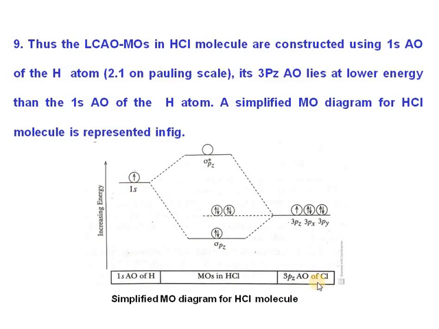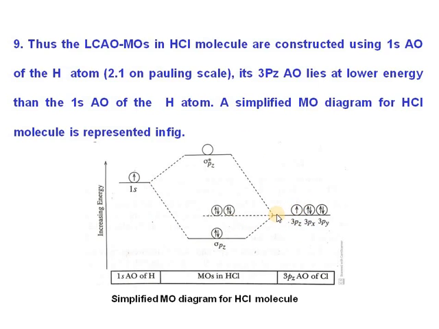Similarly, in the chlorine atom, the 1s, 2s, 2p and 3s are non-bonding electrons, which do not take part in bonding between hydrogen and chlorine. Only the 3px, 3py and 3pz atomic orbitals can take part in bonding molecular orbitals, but only the 3pz atomic orbital is preferred for overlap between the 1s orbital of hydrogen and the 3pz atomic orbital of chlorine.